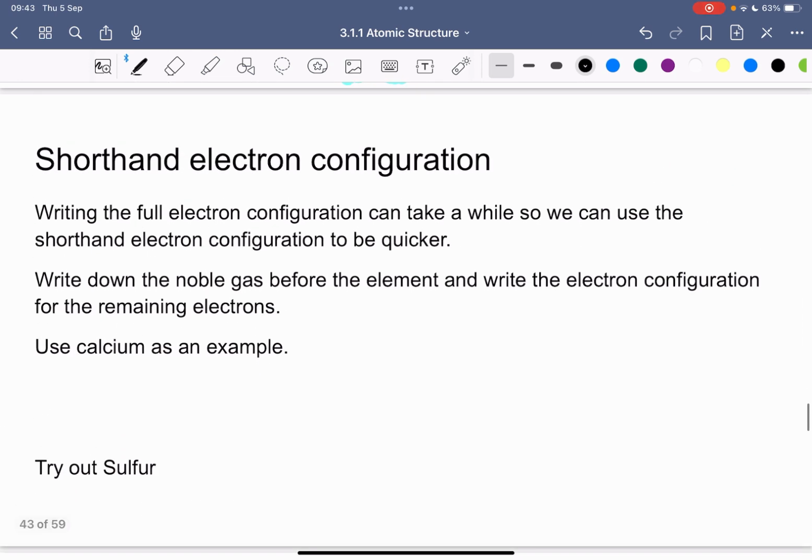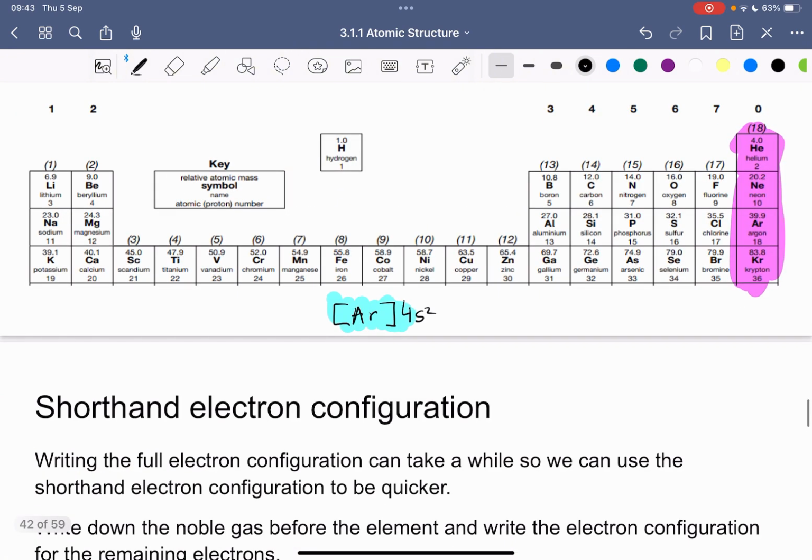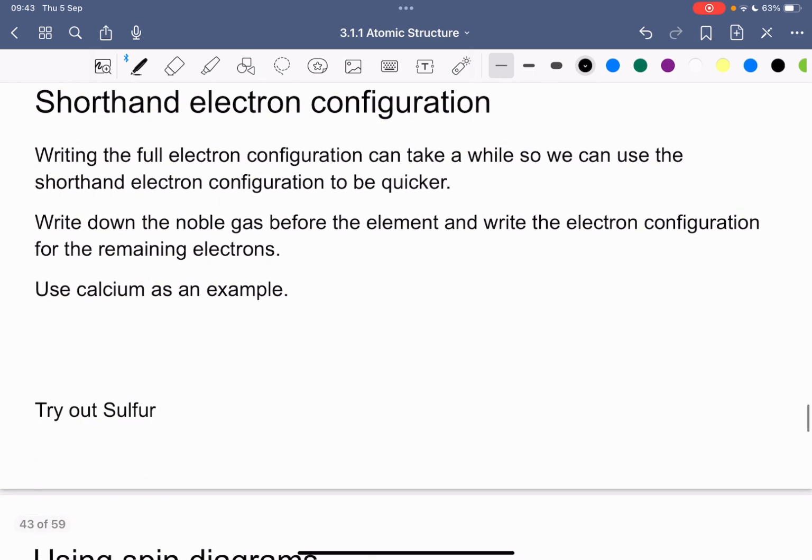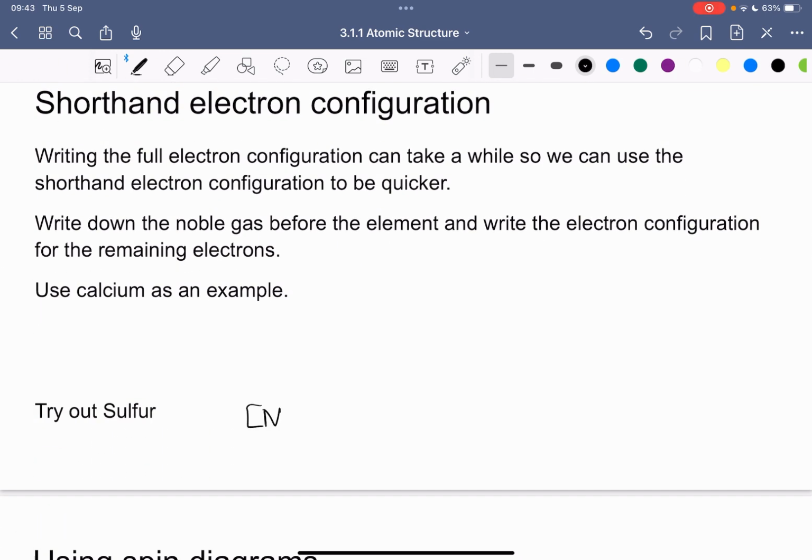Now try the same thing out for sulfur. Alright, so sulfur, if we look carefully, it's down here, and the noble gas right before sulfur is neon. So I'm going to write down neon in square brackets.